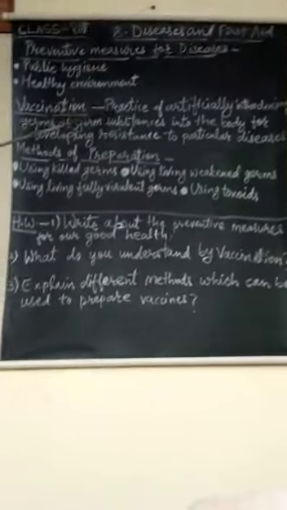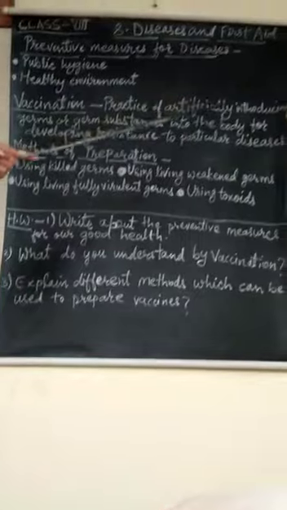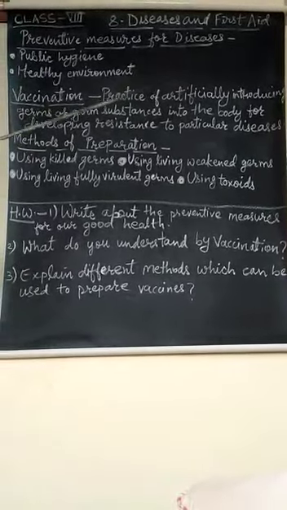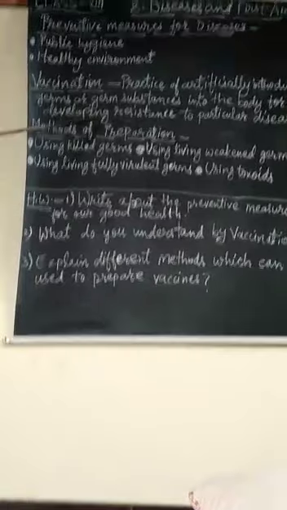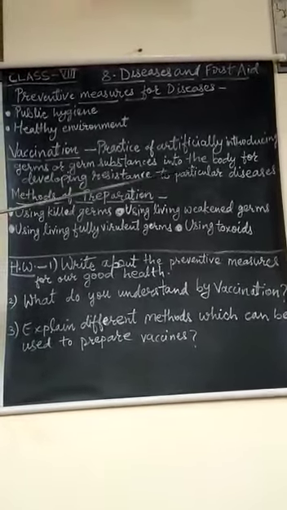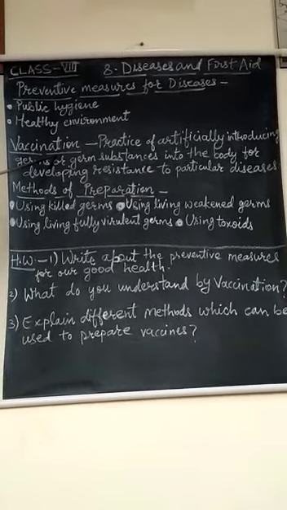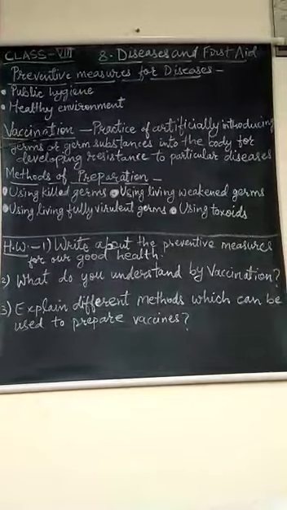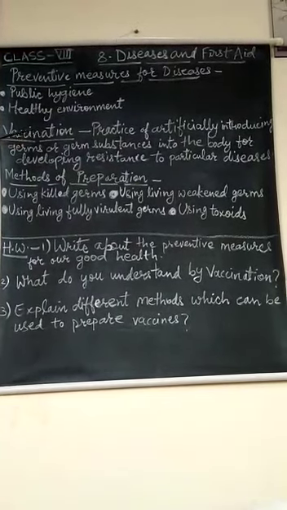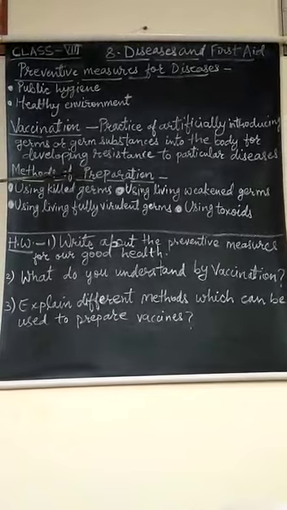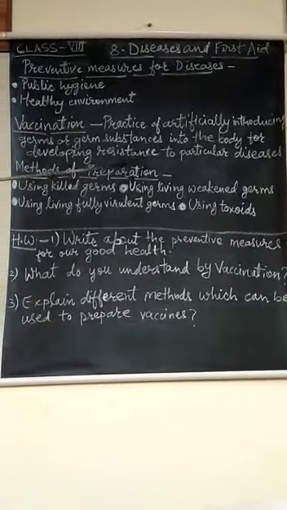It's a practice of artificially introducing germs or germ substances into the body for developing resistance to particular diseases, as Edward Jenner did in the case of smallpox. Now there are different methods for preparation of vaccine.